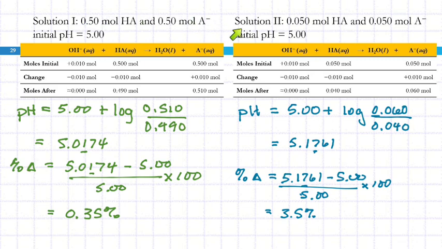So cutting the concentration by a factor of 10 made the percent change in the pH a factor of 10 bigger, sorry. Any questions?